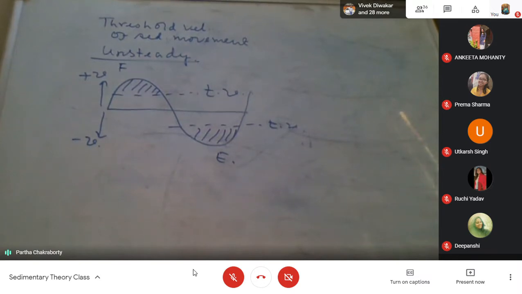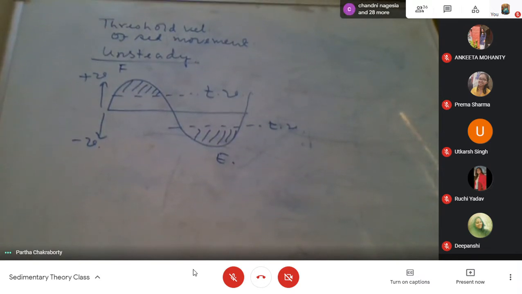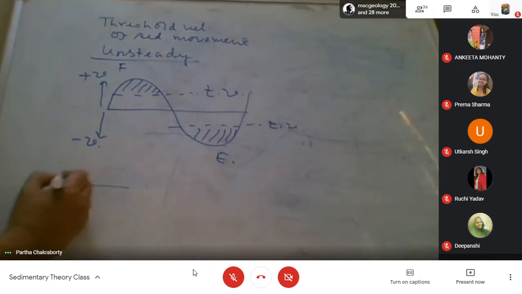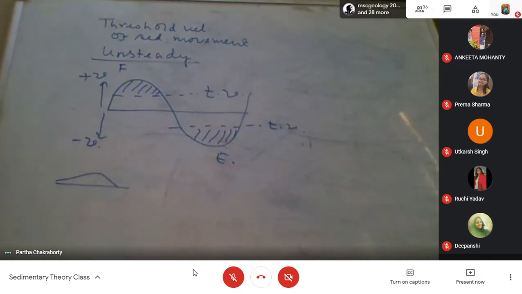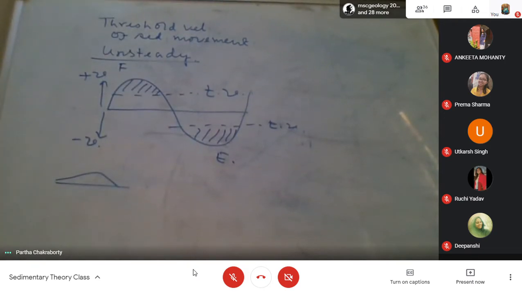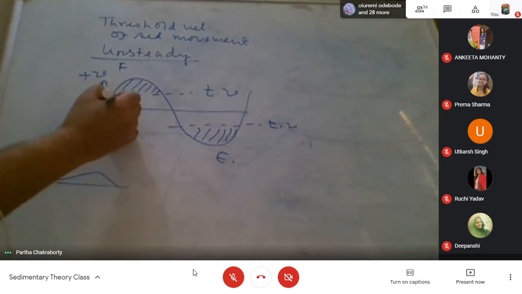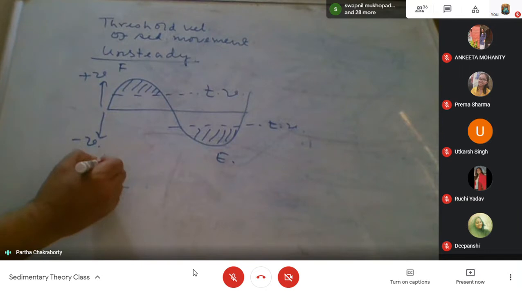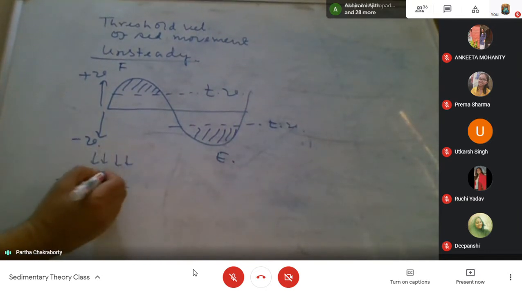So what will happen in this case? Suppose there is a ripple, a bed form that is moving, and it is subjected to this kind of flow. First, there is no movement. If there is no movement, any sediment in suspension, that is the muddy sediment, gets settled.